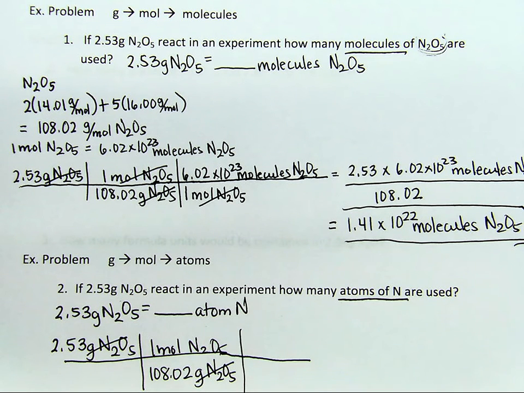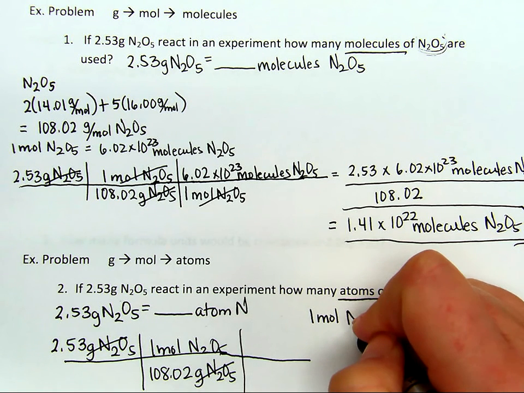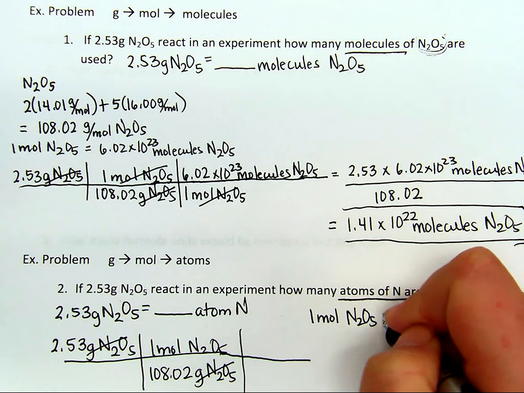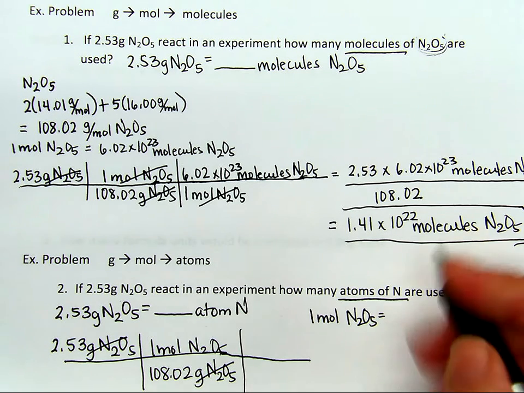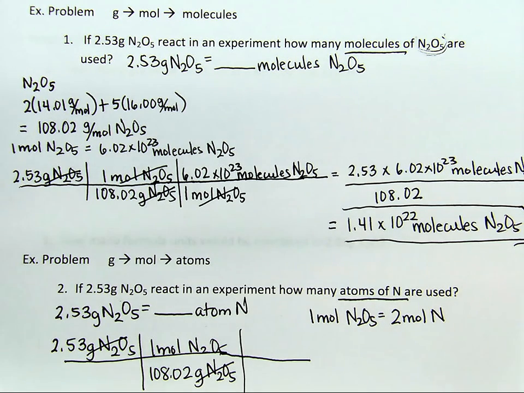Now, what I'm going to do right now is use the idea that 1 mole of N2O5 is composed of, or has in it, 2 moles of nitrogen. Where did I get that? Look at what it says here. 1 mole of this has 2 moles of nitrogen in it.